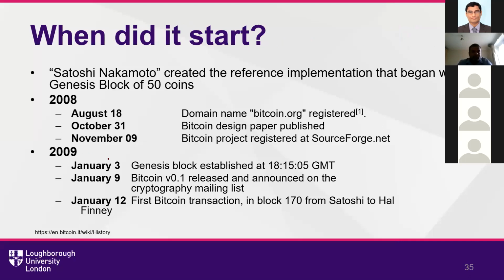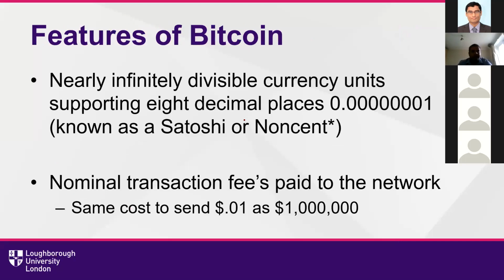And in 2009, the first Bitcoin was transacted, on January 2009. You can go and check this project. If you go to bitcoin.org, you can see this. Some features of Bitcoin: you can split one Bitcoin into 10 to the power 8 small parts.